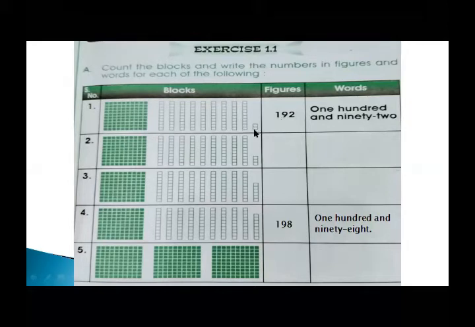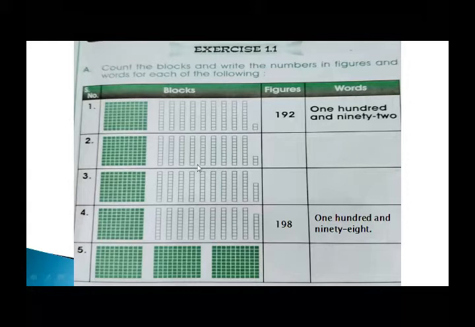And here 2 single blocks are given, so it comes at the place of units. So your figure is 192. In this way, you will write this in words form. When you write 192 in words, it is written in this way.